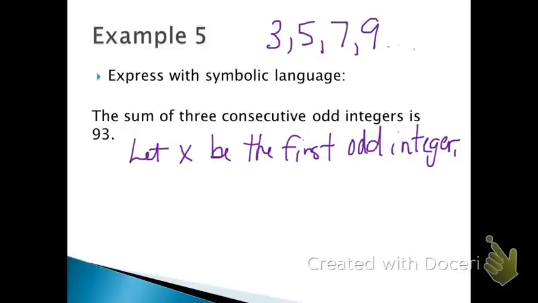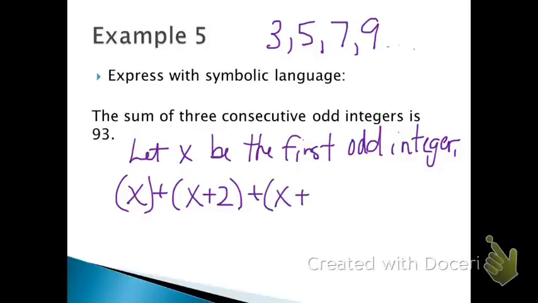So the sum of three consecutive odd integers would be x, my first odd integer. My next odd integer would be x plus 2. And then the third one would be x plus 4. And the sum of those three is 93.